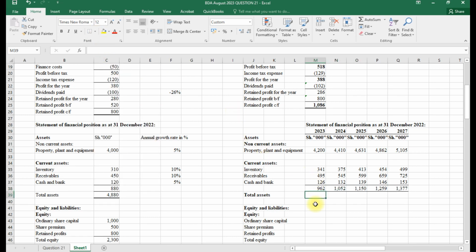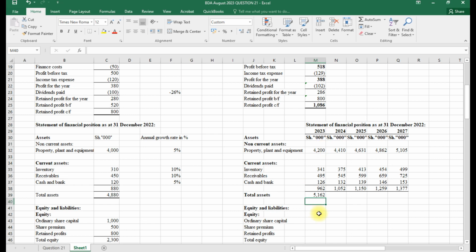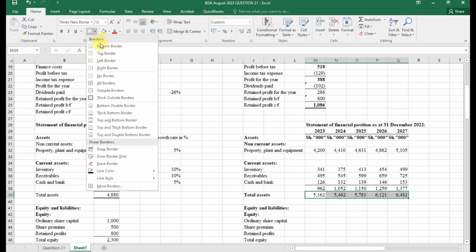Then you have the total asset, and here alt equals, so it will be a sum of this plus this value, that way. So 5132, 5132, 5162, that way. And I'll drag this across and use the bottom border.